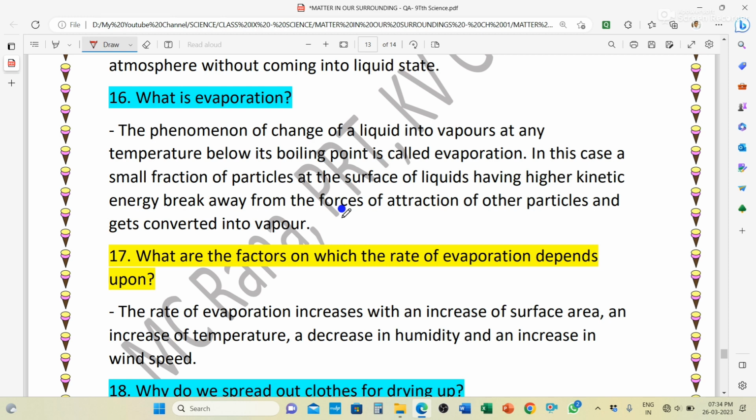That means the molecules at the surface will get more energy and have more kinetic energy compared to the particles below them. So they will break the intermolecular force of attraction and evaporate. So this is what we call a surface phenomenon.